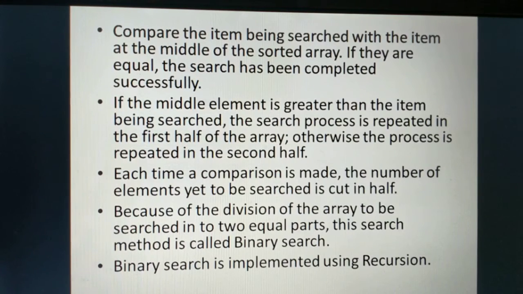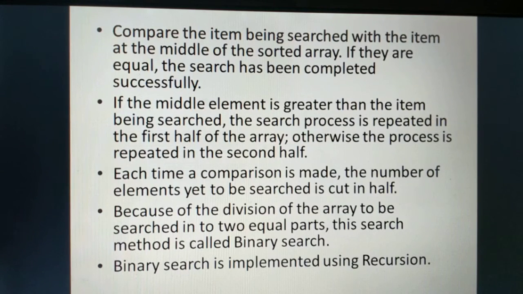Now, for example, if there is a sorted array 10, 11, 12, 13, 14, 15, you find the middle item, then you compare whether the key, or the item you want to search for, is greater than the mid item or less than the mid item. If it is greater, you search the other half. If it is less, you search the first half.